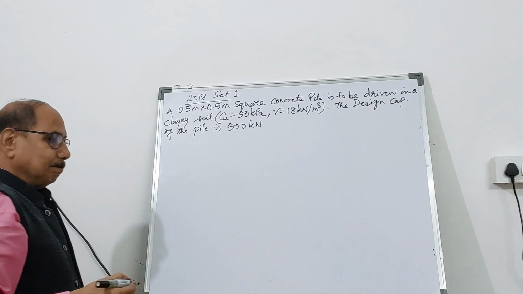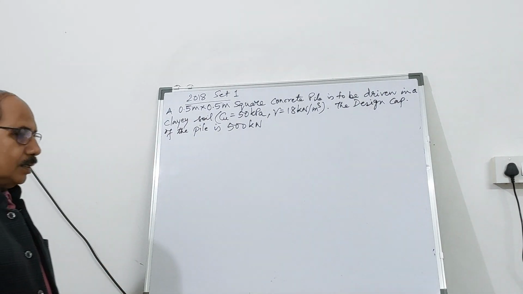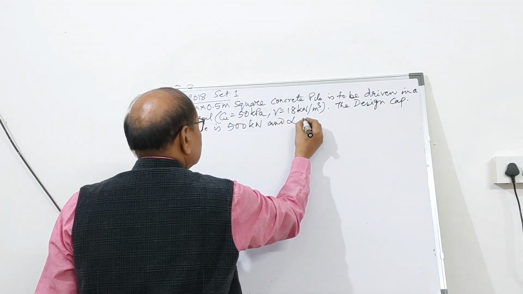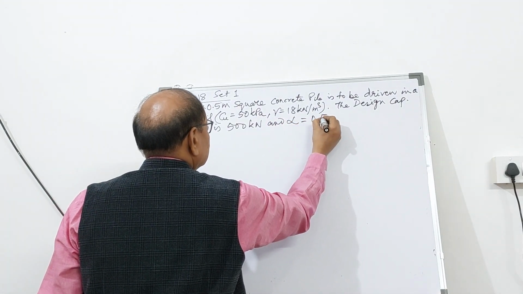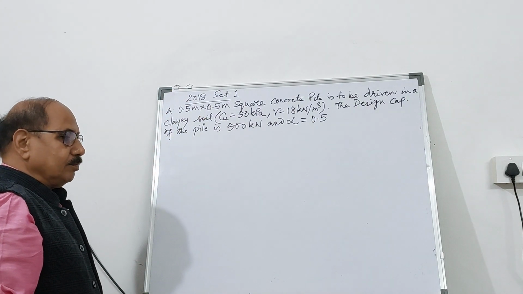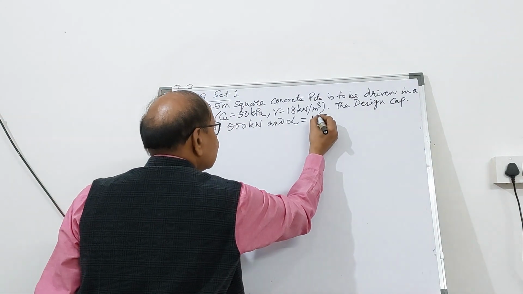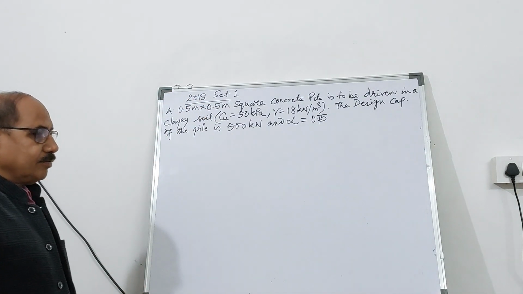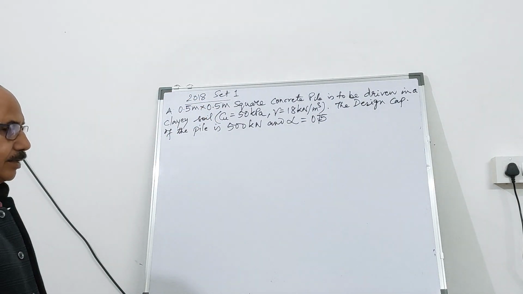and alpha is mentioned in the problem at 0.75. So that is the value of alpha. That's a given.